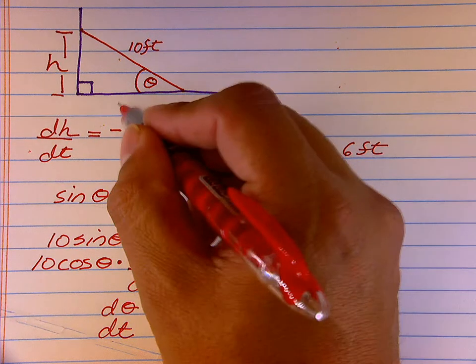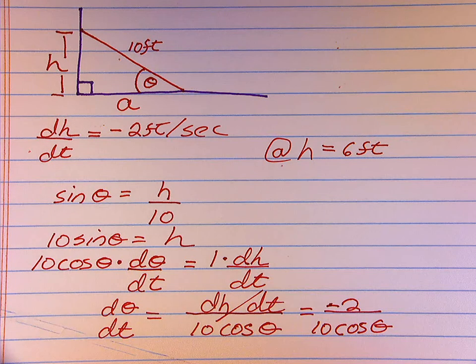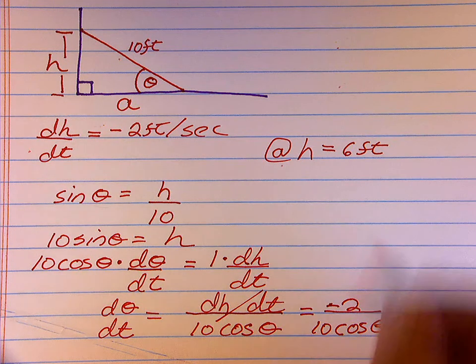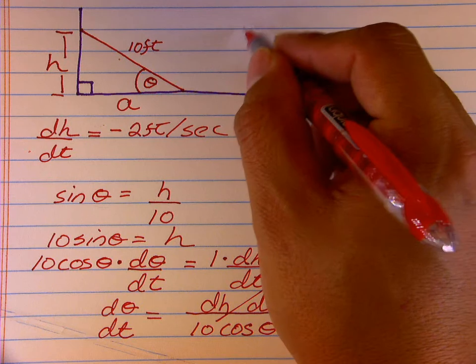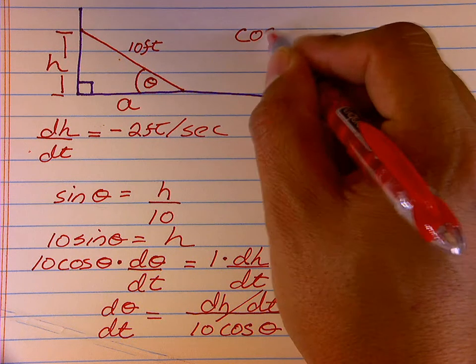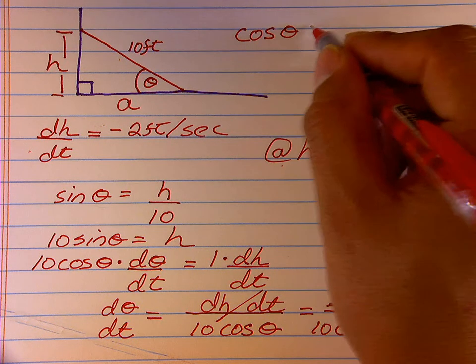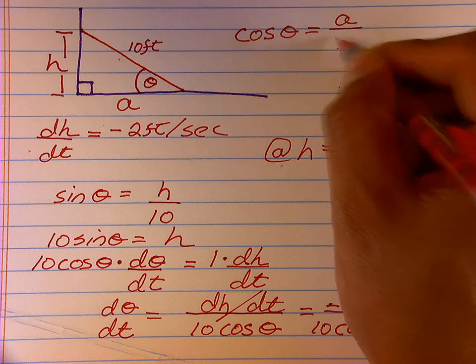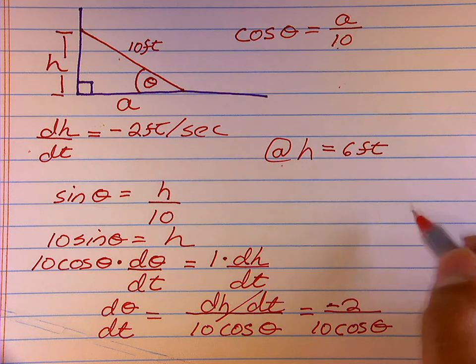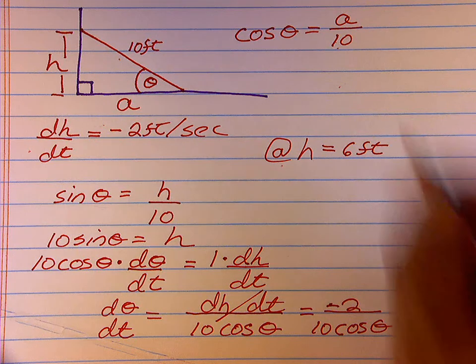Well, cosine, I'm going to call this side A, would be A over 10. So what I'm looking for right now is cosine, and cosine of theta is A over 10. To find that amount, I need to know what A is.